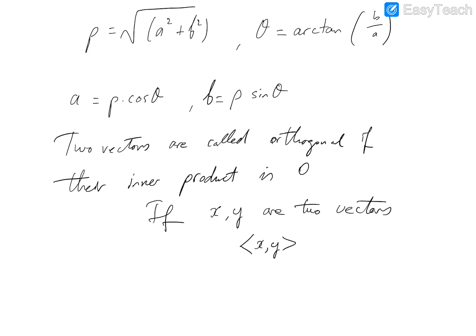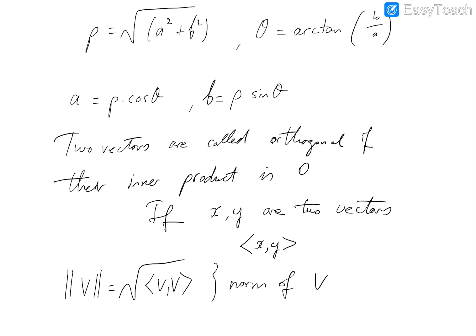A set of vectors is called orthonormal if every vector in that vector space is pairwise orthogonal and is of unit length. What do we mean by unit length? Well, simply the norm of the vector is equal to 1. If v is a vector, then the norm of v is defined as the square root of the inner product of v with itself. So this is the norm, the length of v.